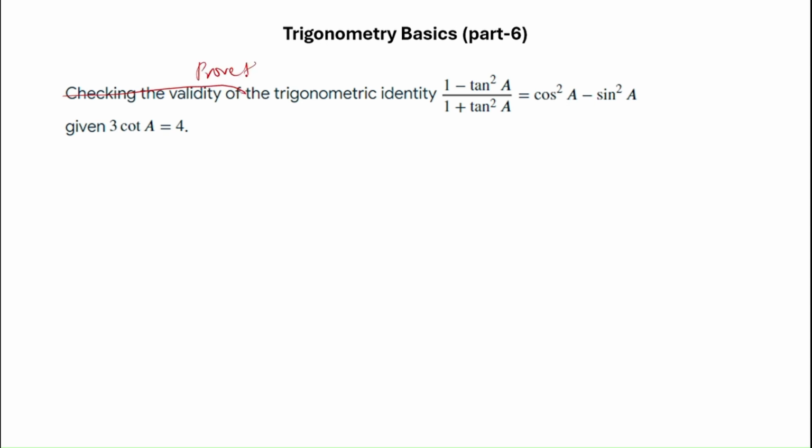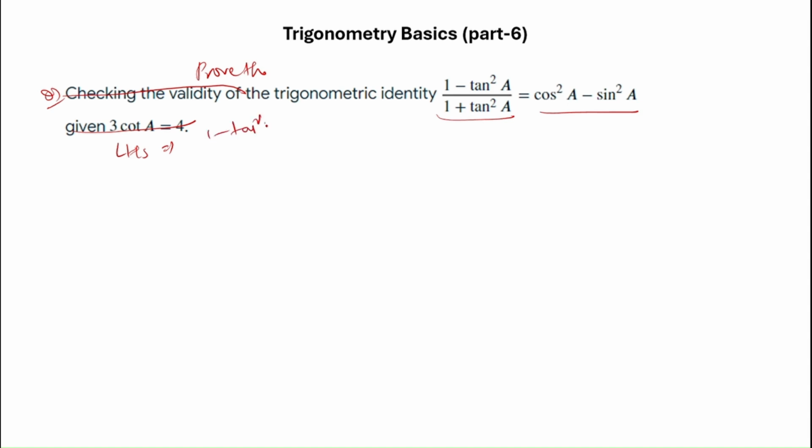Prove the trigonometric identity. Now we have to take the LHS and we have to show the RHS. Now, a very simple change in the question, right? Now see, take the LHS of the problem.